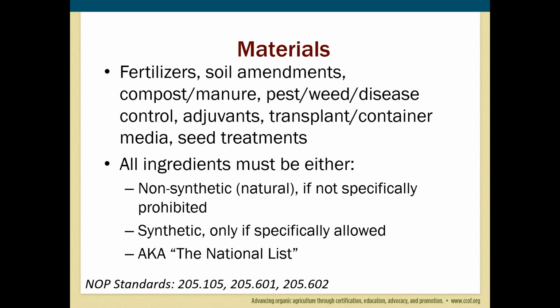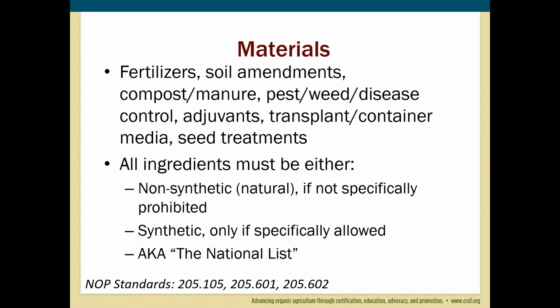And that brings us right to everybody's favorite topic, which is the materials. You're probably wondering when I was going to get here. So here we're going to talk about all materials applied to the land used to grow organic crops, or if you're producing transplants or crops in containers, all materials applied in those systems.